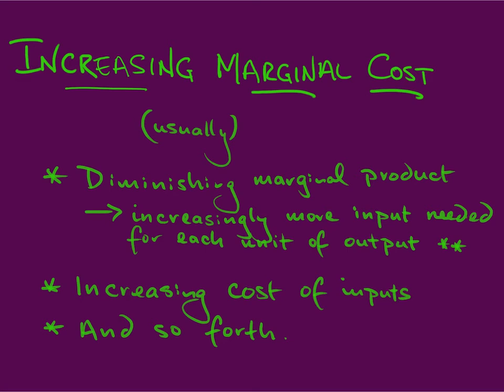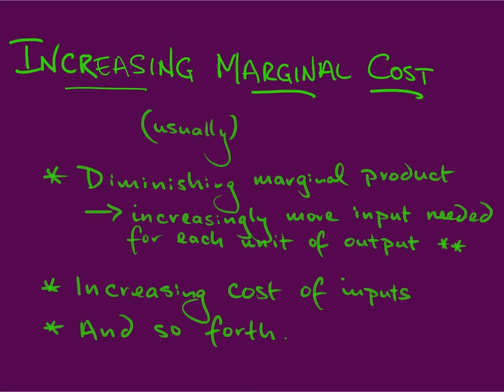Every additional widget requires employing less productive workers, but more of the workers, and so paying a higher number of workers translates into a higher cost of each subsequent widget. Okay, so that's one reason why economists would expect typically firms have increasing marginal cost. It's because the marginal product diminishes.